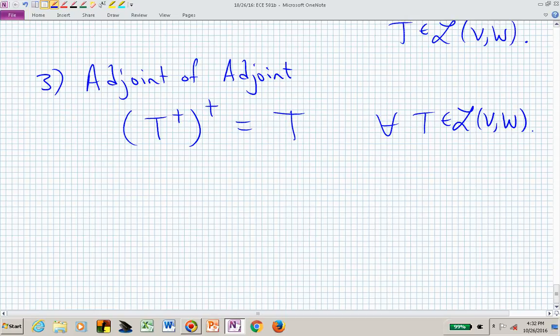To think about this, you want to go back to that previous example and derive from the adjoint, take the adjoint of that and see what you get in terms of the linear map. So it's similar to what happens when you take the transpose of a matrix.